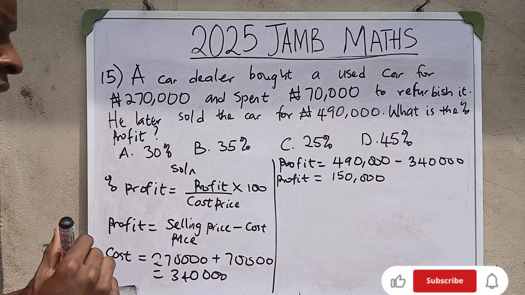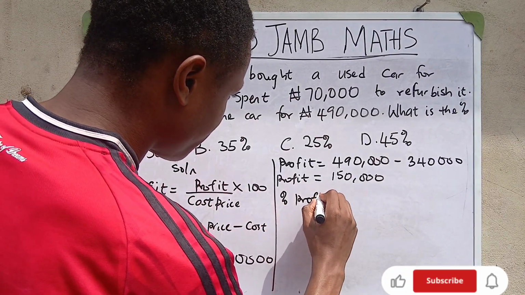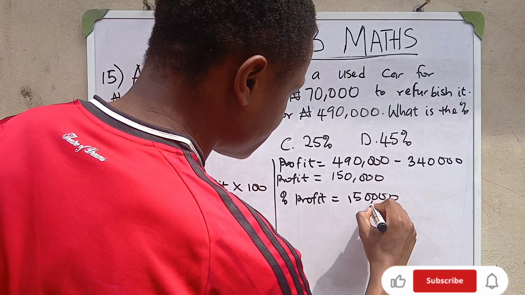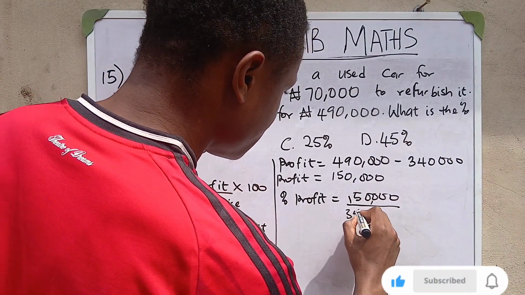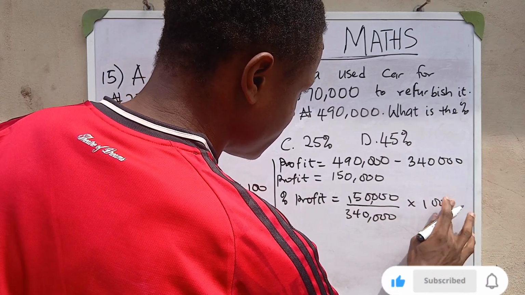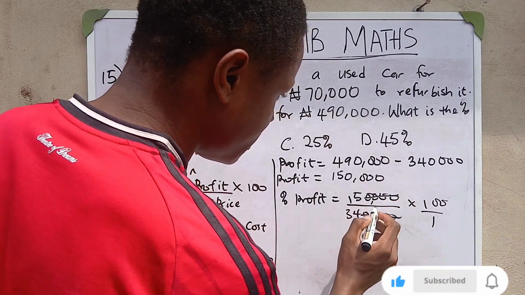Now, to find the percentage profit, it is 150,000 over 340,000 times 100 over 1. So this cancels this.